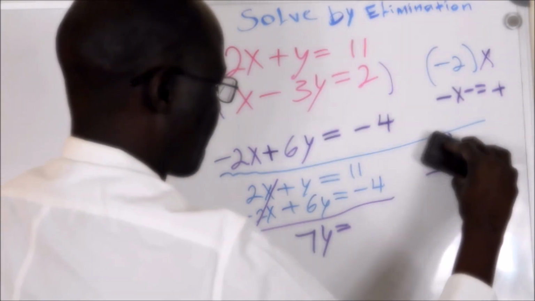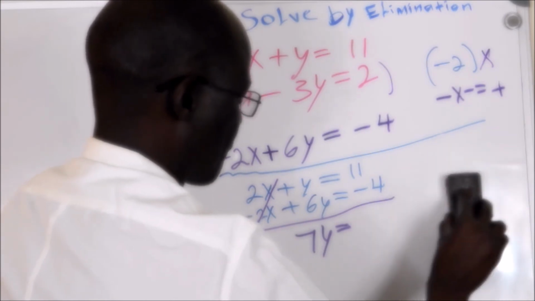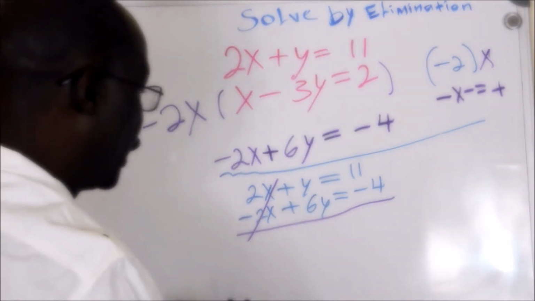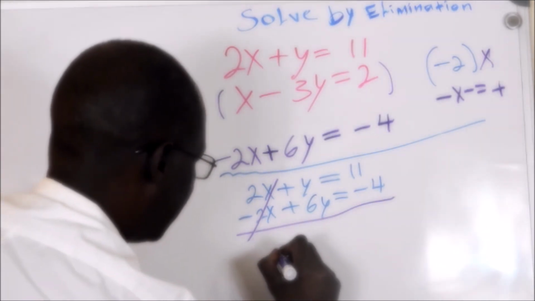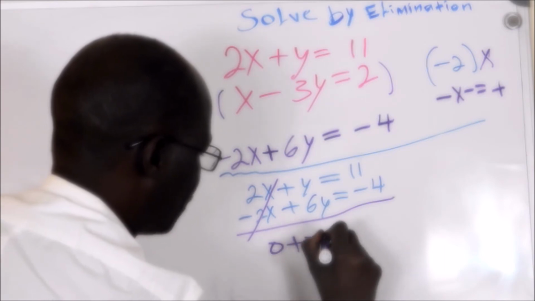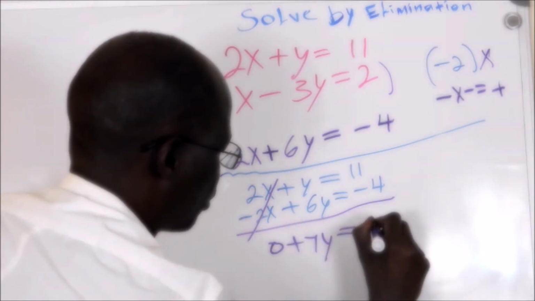So the new equation is 0 plus 7y equals 7.